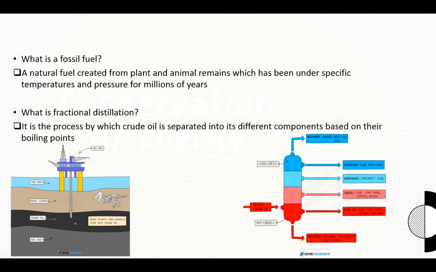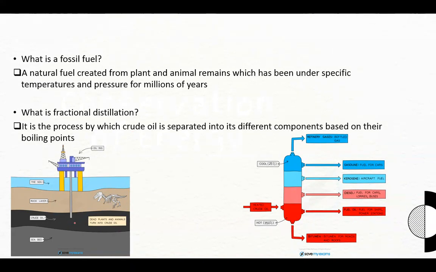Even though most countries are now seeing all of the various pollutants or the negatives of using this and trying to move to cleaner energy sources, it still doesn't remove the fact that oil is one of our largest reserves, and that falls into the non renewable energy.